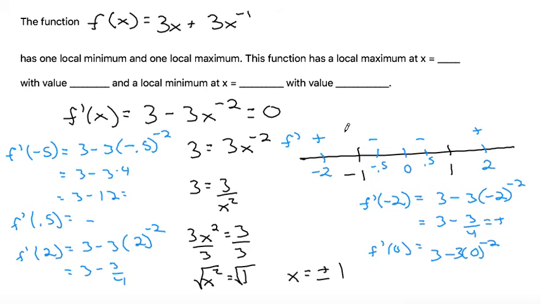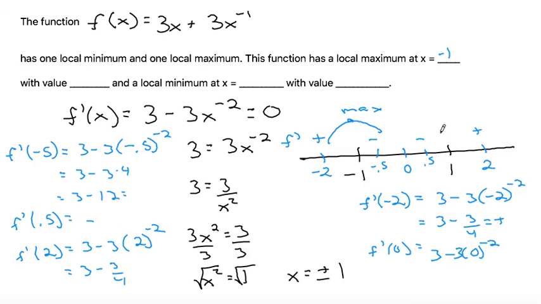Okay, so what's happening here is we're increasing until we get to -1, and then once we get to the right side of -1, we're going to decrease. So this will be a max. If we increase and then decrease, that makes a maximum. So our maximum is at x equals -1, and our function value at -1 we still need to find.